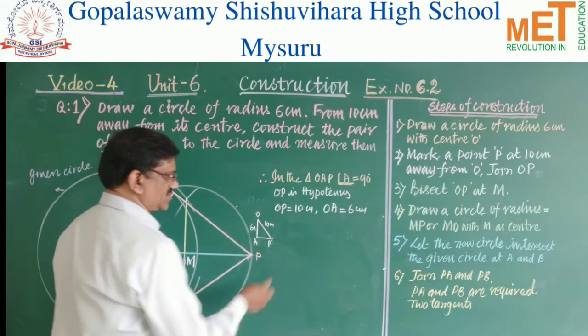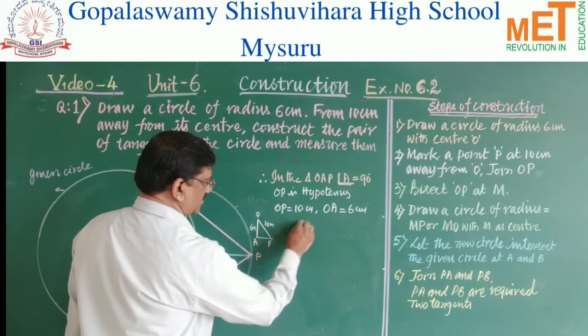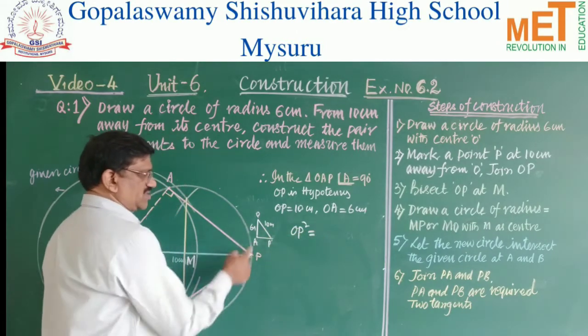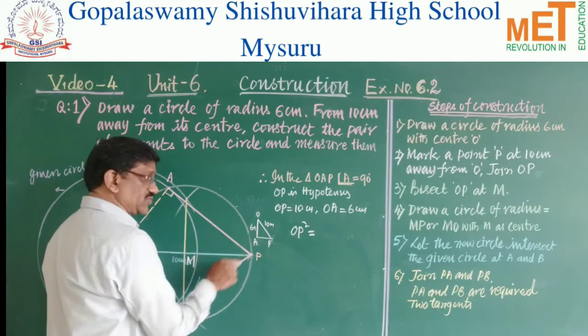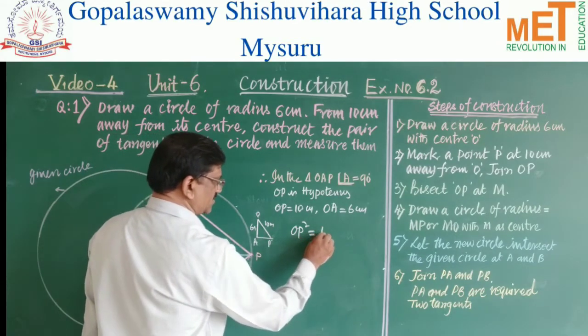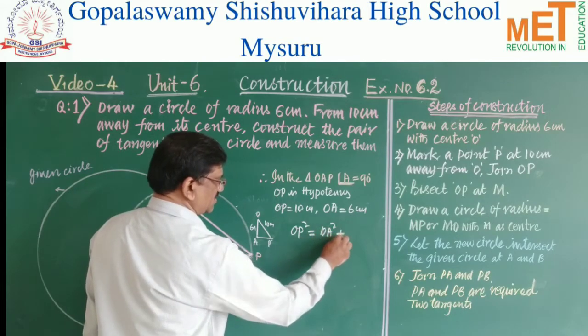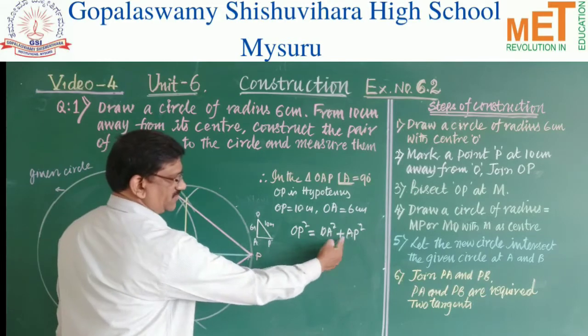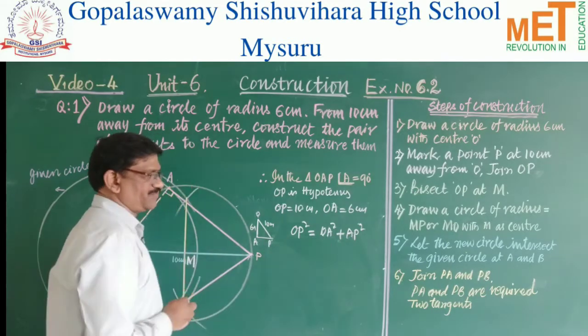By applying this, OP square, the hypotenuse square, is equal to the sum of the squares of the other two sides, that is OA square plus AP square.